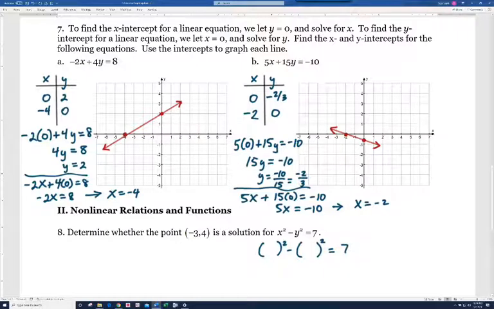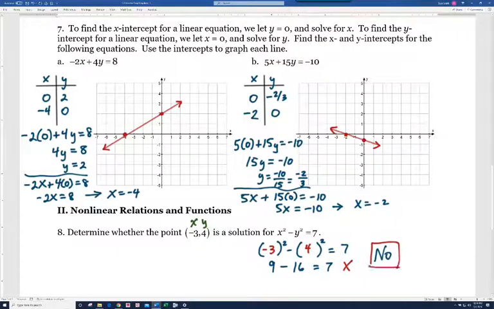Remember, this is a point where the first number is an x value and the second is a y value. And so we're going to get negative 3 squared minus 4 squared. When we multiply negative 3 times negative 3, we're going to get 9, and 4 squared is 16. 9 minus 16 equals 7.